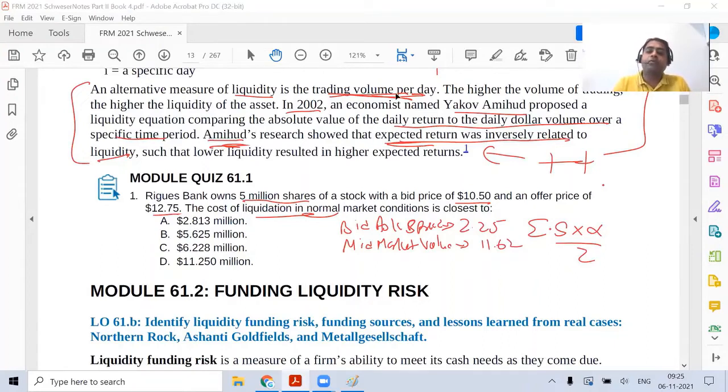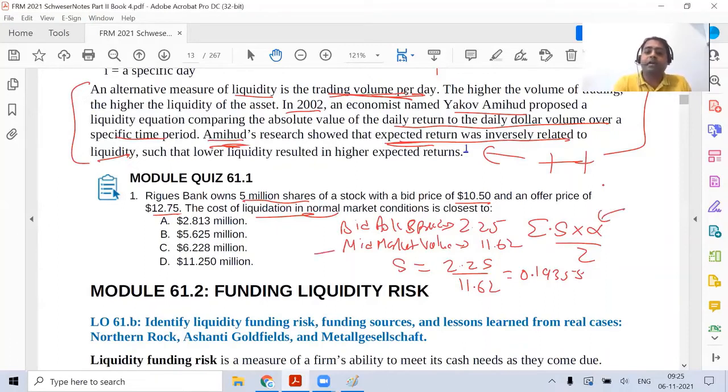Now if you want to find the S, it's going to be 2.25 divided by 11.62, so it's going to be 0.19355, right? Perfect. And what about this alpha? How will you find it?